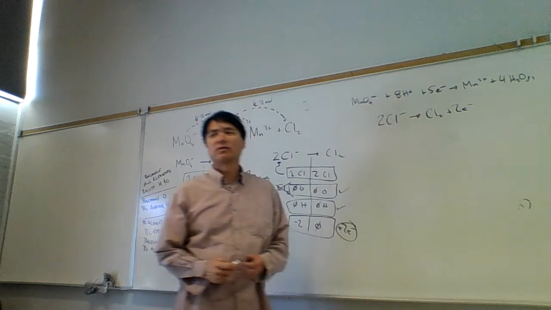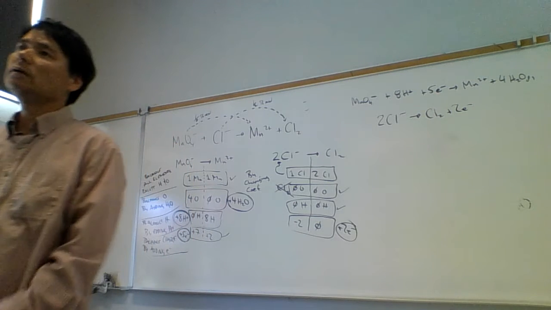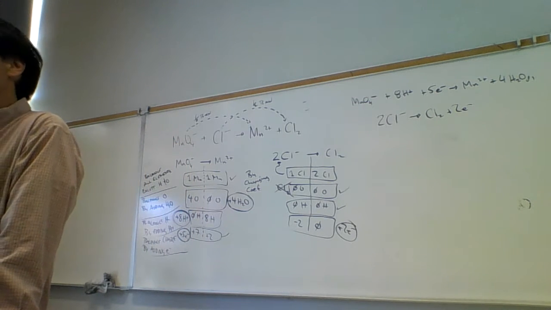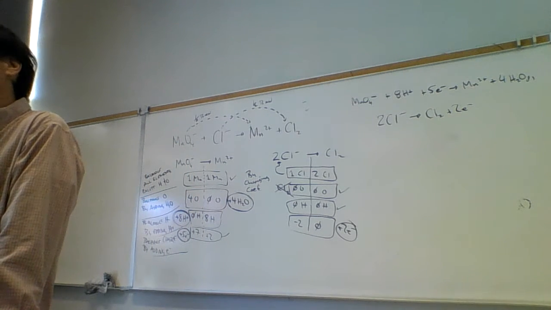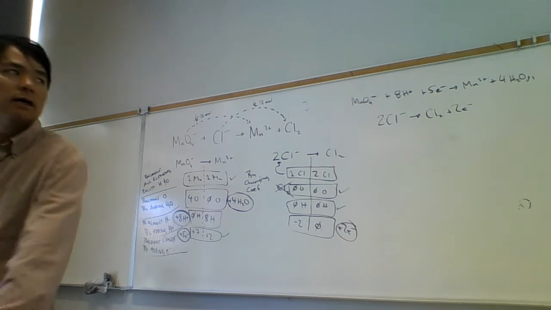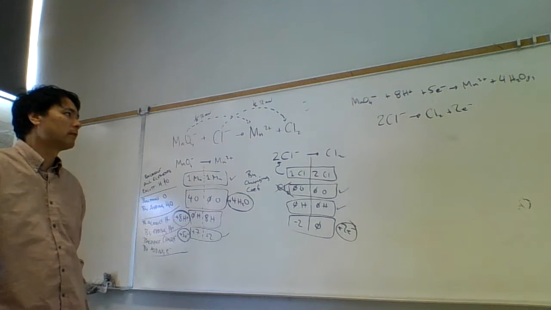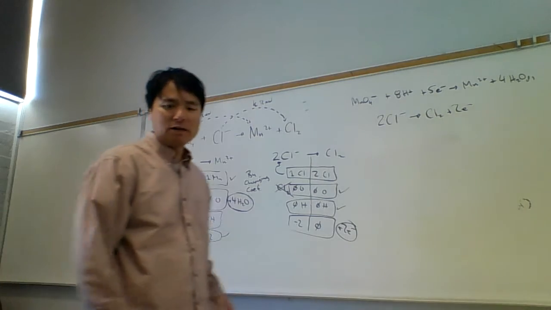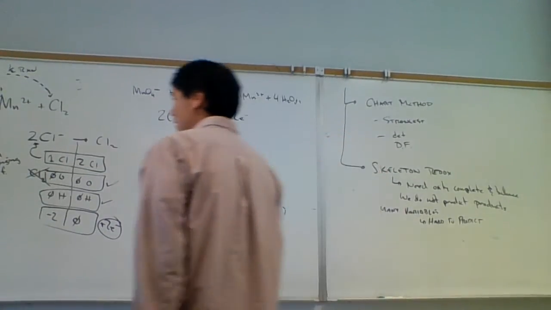So this one I could have copied down. So you know what? If I use the chart method, it seems like it would have given me the same. Right? But I'll talk about it in a minute. So I have my 2 half reactions here. Now the 2 half reactions have names to them.